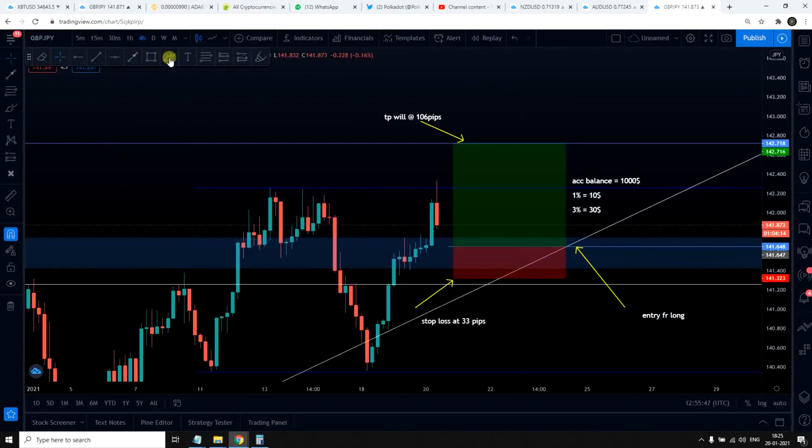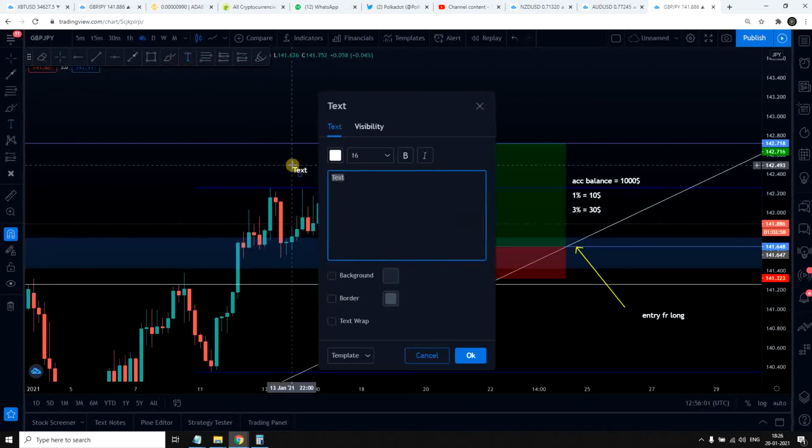So now when you are planning to risk a $10, which is your 1% of your account balance, so what will be your lot size? So let's calculate that. It's very easy. We have only 33 pips. Let's say we have 30 pips stop loss. Okay, for example, we have 30 pips stop loss. We are planning to lose maximum $10.